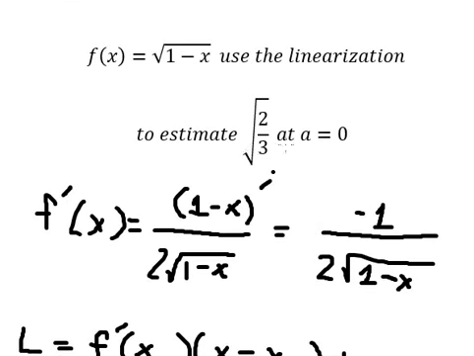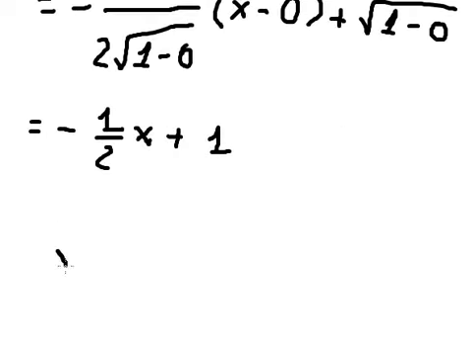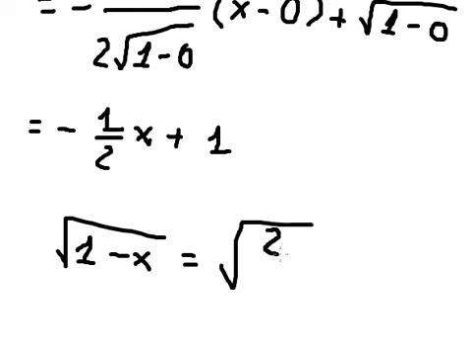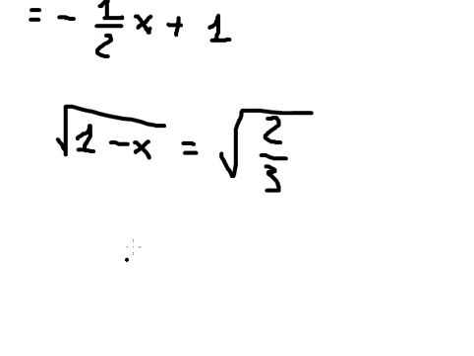The next one, we want to estimate the square root of 2 over 3. So we need to find the value of s to make sure that 1 minus s equals 2 over 3 in here, because we want to estimate the value. So both of them should have the same value. And now we simplify the square root.